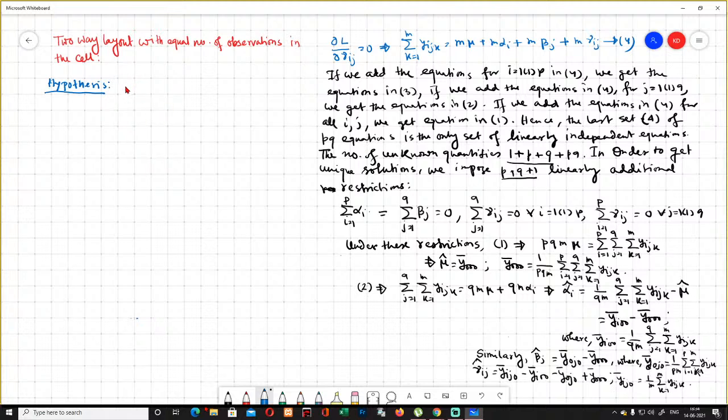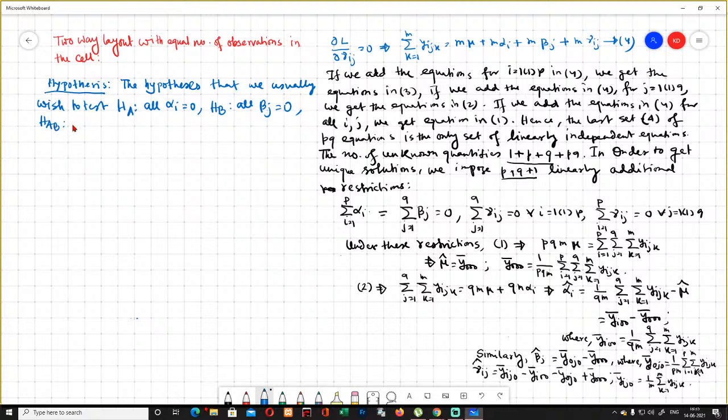So write this as the hypotheses that we usually wish to test: A, all alpha i equal to 0; B, all beta j equal to 0; and C, all gamma ij equal to 0.